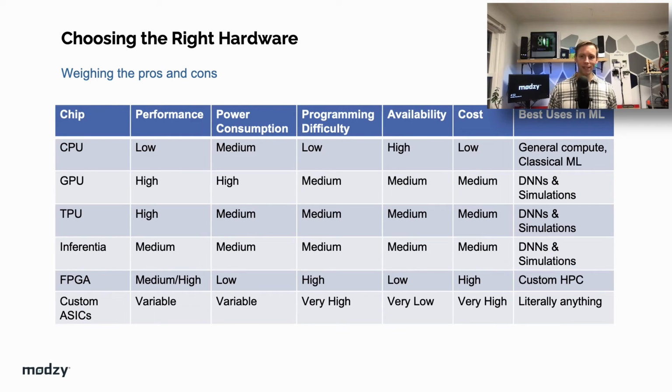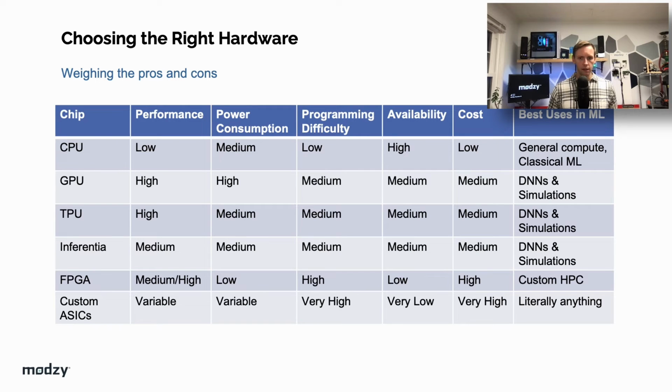Now, if you're moving into deep neural networks and simulations, this is where a GPU, a TPU, an Inferentia chip starts to become really advantageous, especially for larger deep neural networks. There's really no comparison between the performance that they can offer and the performance a CPU can offer. Now, is a TPU faster than a GPU? Yeah, sometimes.